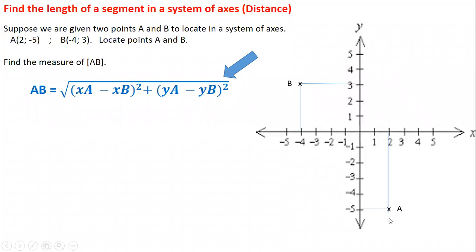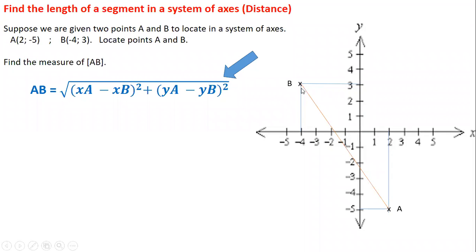Now you can see that in the system of axes, I located the 2 points A and B. If I join A with B, I will get a segment AB, right, guys? So I have a starting point A and an ending point B. This is the segment AB here. What I'm going to teach you now is the length of this segment.